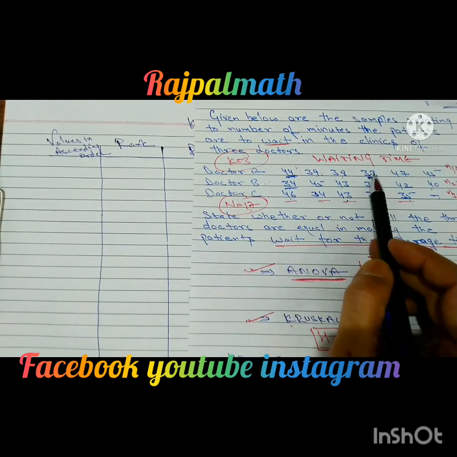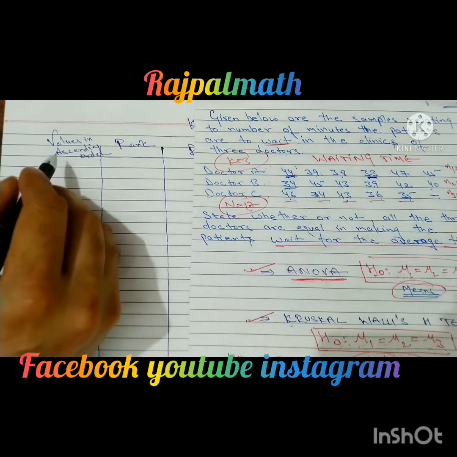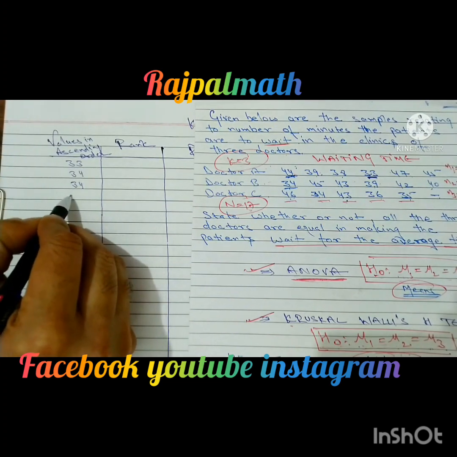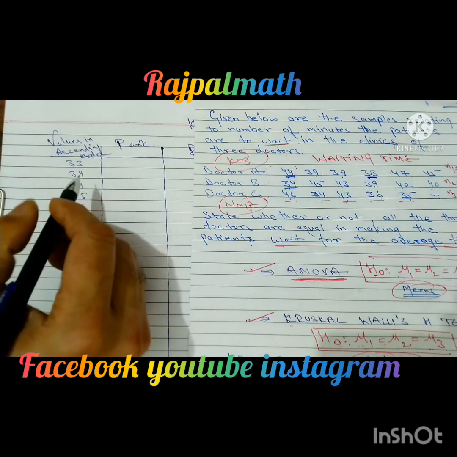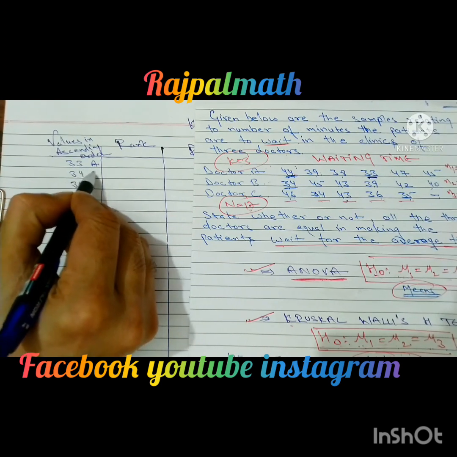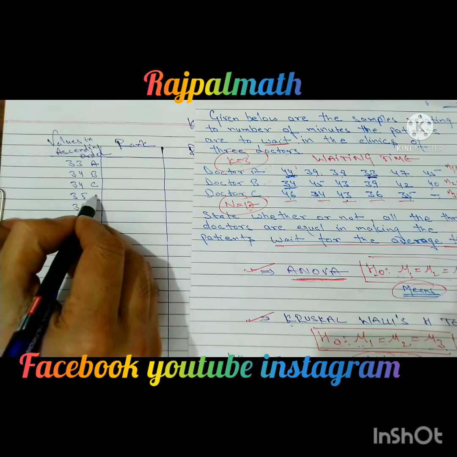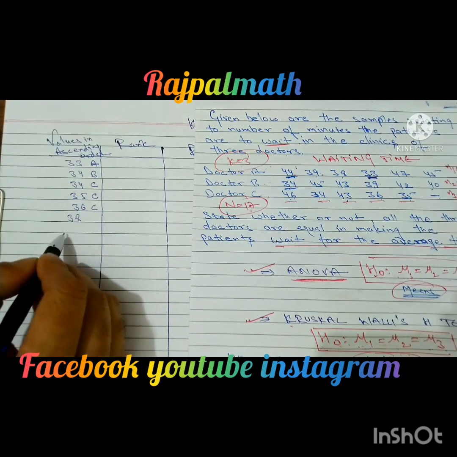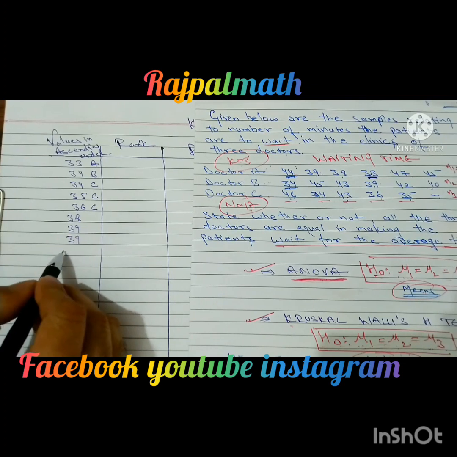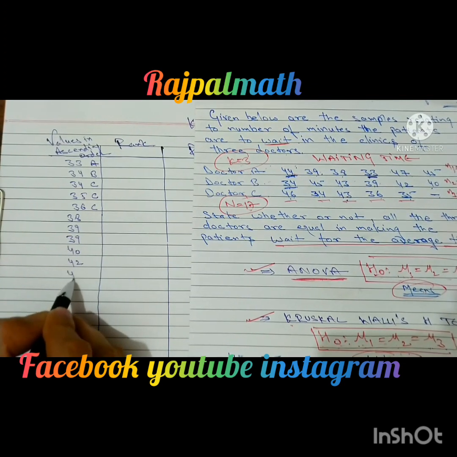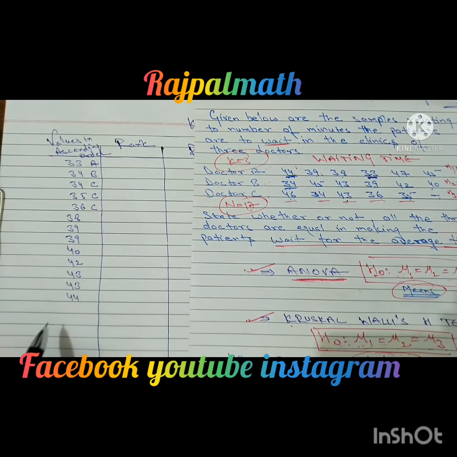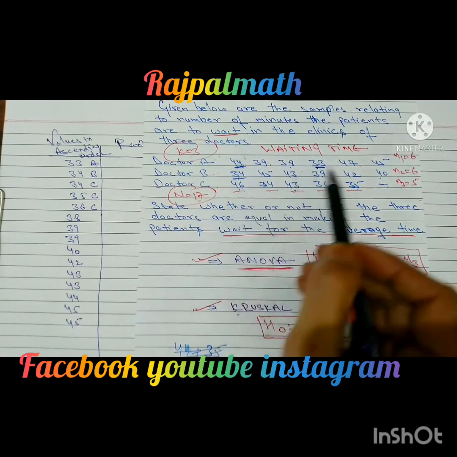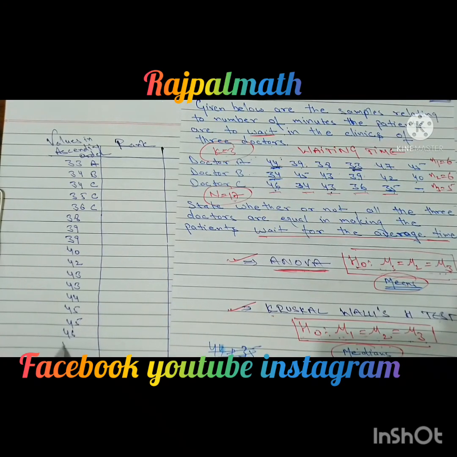The lowest value is 33, then 34, 34, 35, 36, 38, 39, 39, 40, 42, 43, 43, 44, 45, 45, 46, and the highest value is 47.